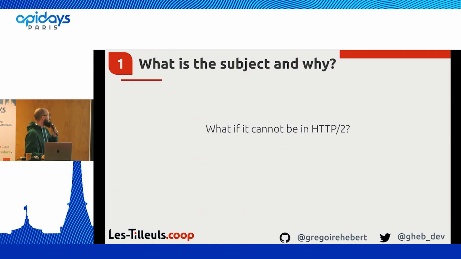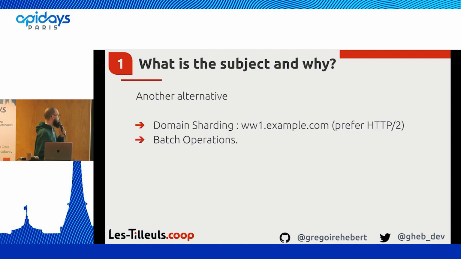Okay, but really, if I cannot be in HTTP2, if I cannot be in HTTP3, then it has to be HTTP1, and a lot of us are concerned about this. An alternative to these performance issues: an HTTP connection is limited, and first and foremost is linked to the domain the connection is made on.